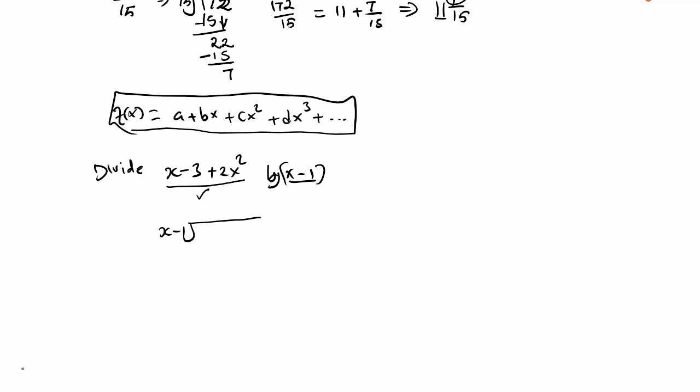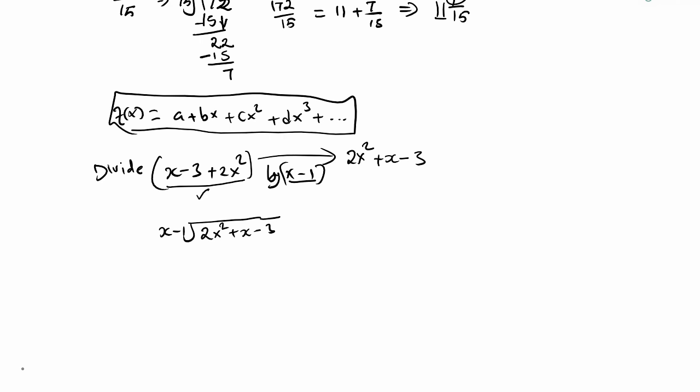What does it mean? When you look at our dividend here, we first of all have to arrange it in descending powers of the symbols. In other words, we just start with 2x squared and then plus x minus 3. Alright, so this is what we put inside here, 2x squared plus x subtract 3.